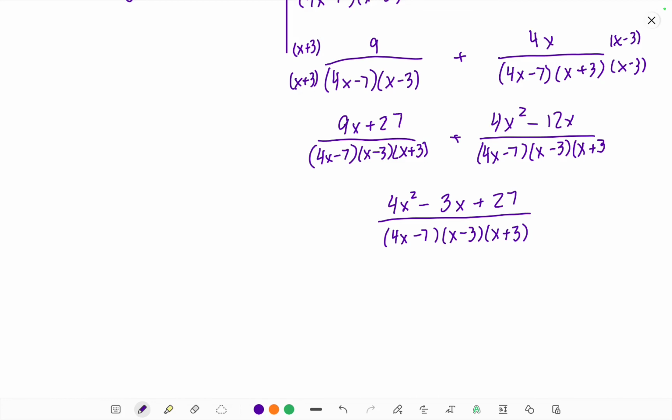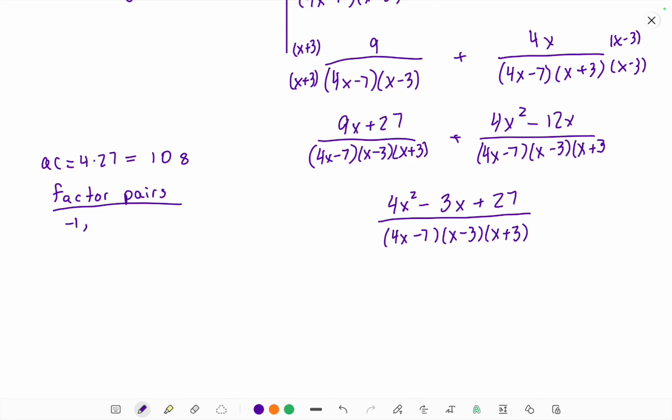And it might seem like we're done, but we still have to factor the numerator to see if it reduces. So again, I'm going to do the AC method. AC is 4 times 27, which is 108. Then look for my factor pairs. And because it has to add up to negative 3, they're all going to be negative.